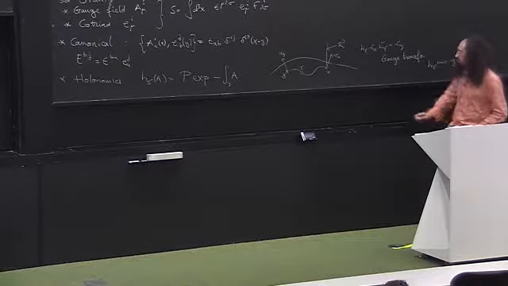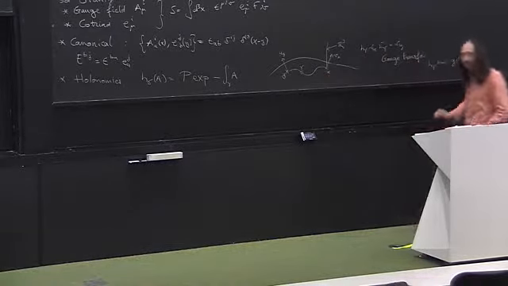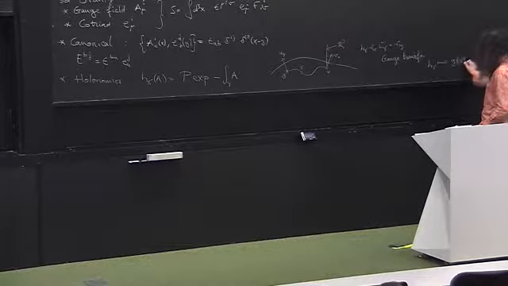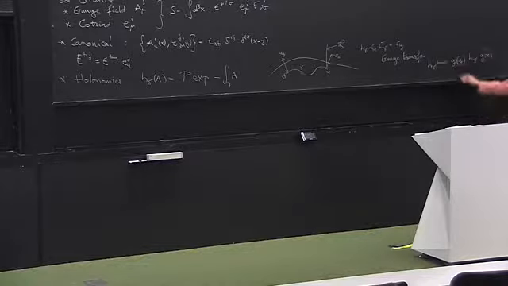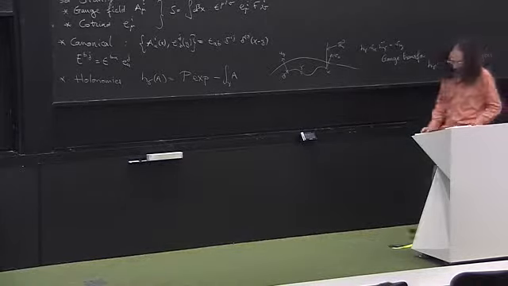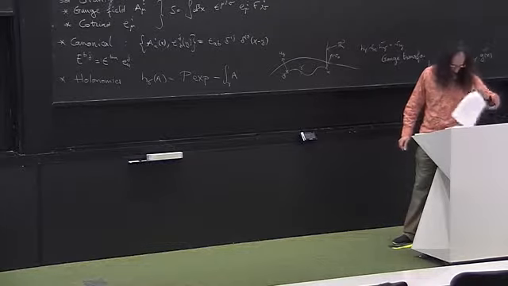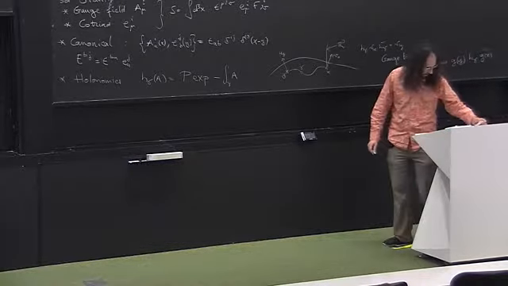So let's say y is the endpoint of γ. g(y) h_γ g(x)^{-1}. Okay, so g is an SU(2) field on your spacetime. And when you do a gauge transformation, this holonomy transforms only at the endpoints. Okay. So that's a brief summary of what you guys saw.